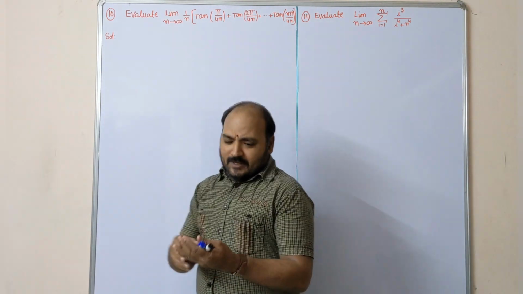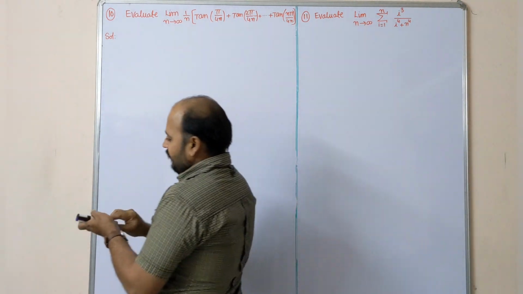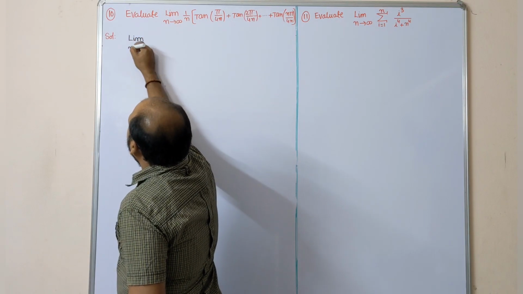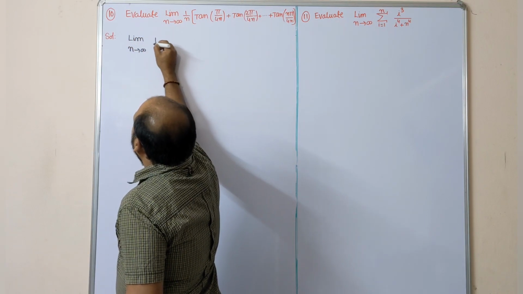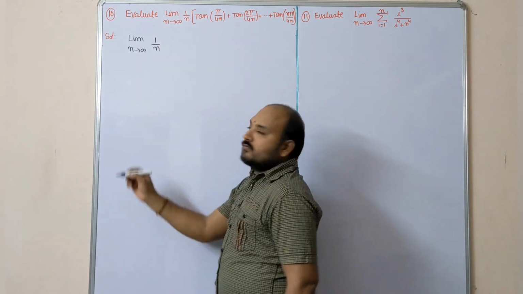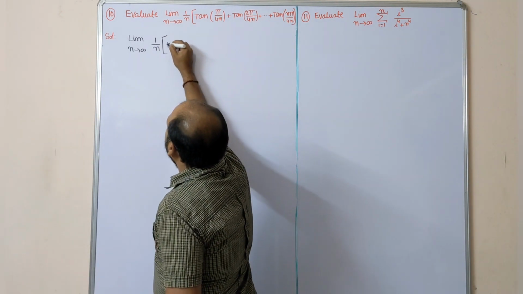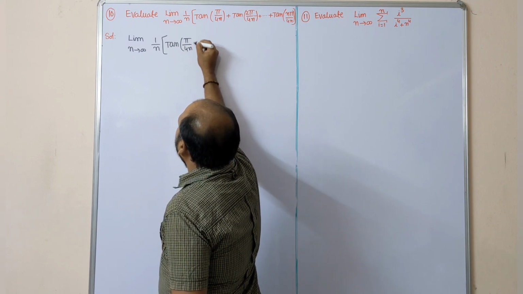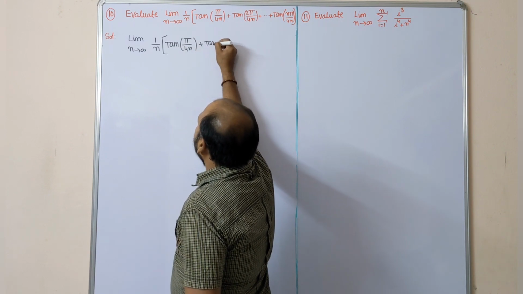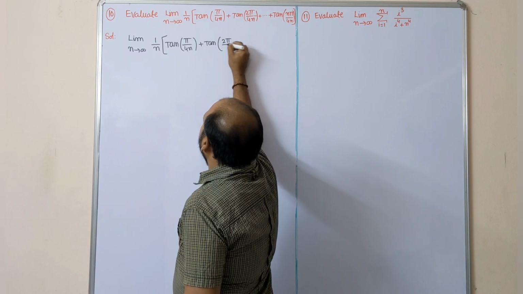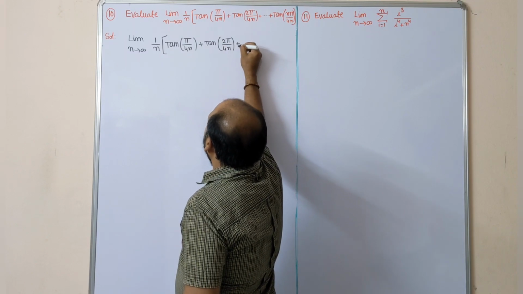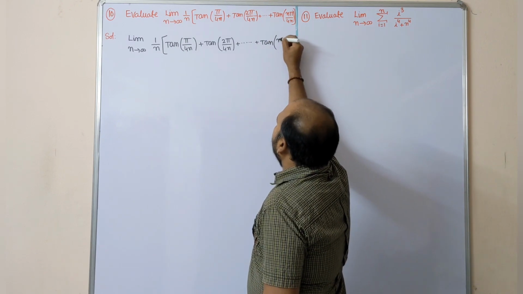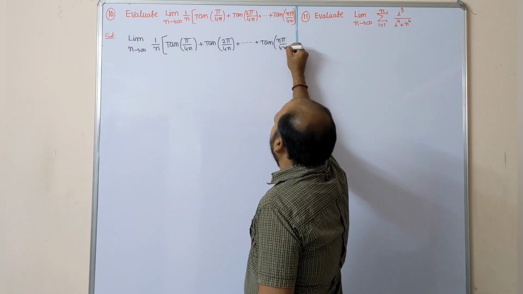1 by n is already there. So, limit n tends to infinity 1 by n into tan pi by 4n plus tan 2 pi by 4n plus and so on tan n pi by 4n.